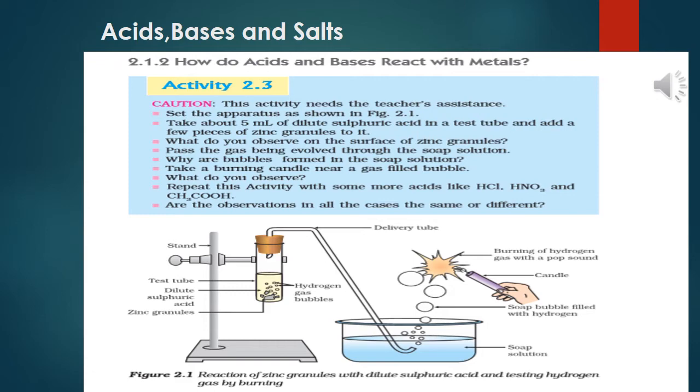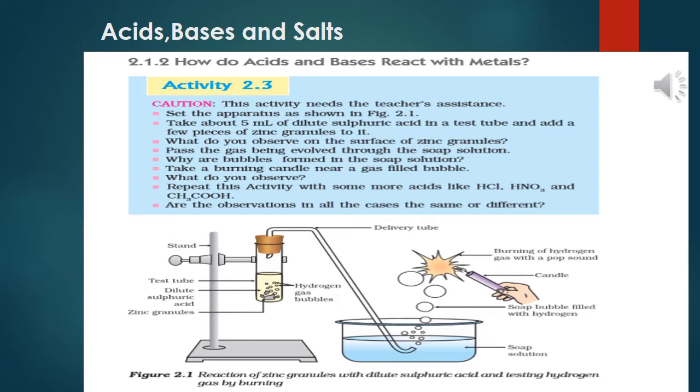So, procedure. First point, first you have to set the apparatus as shown in figure 2.1. Now, take about 5 ml of dilute sulfuric acid in a test tube and add a few pieces of zinc granules to it.